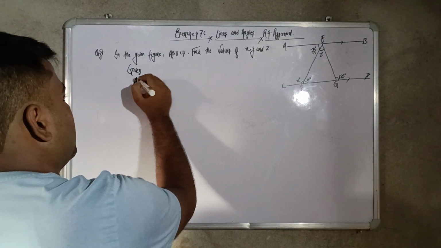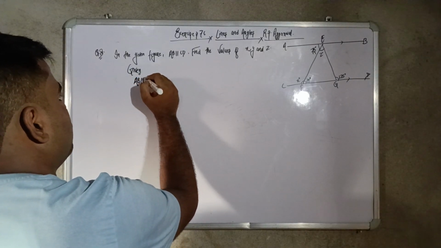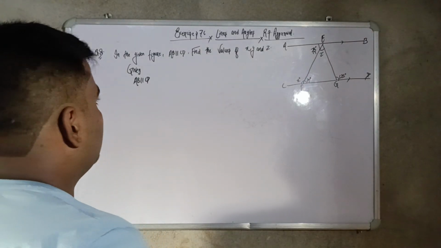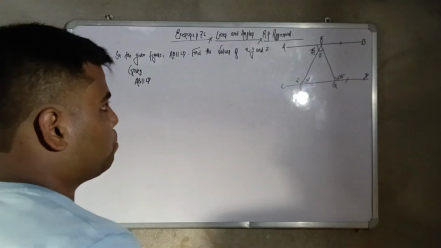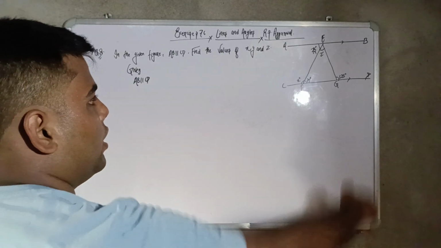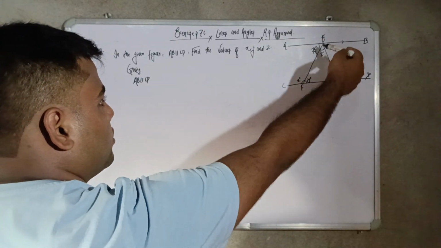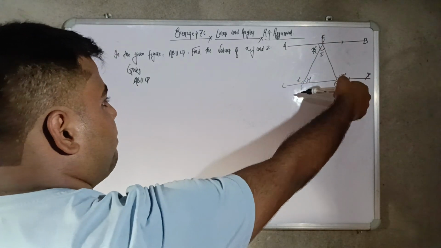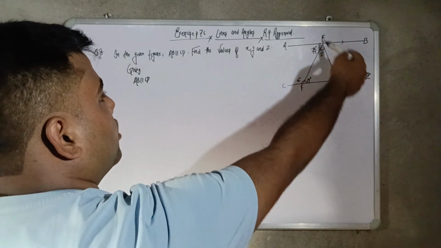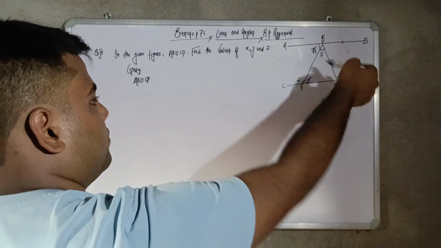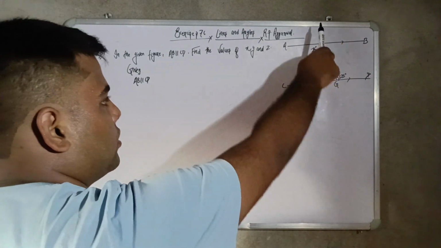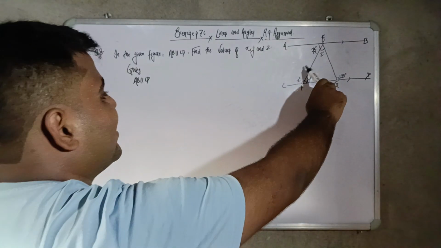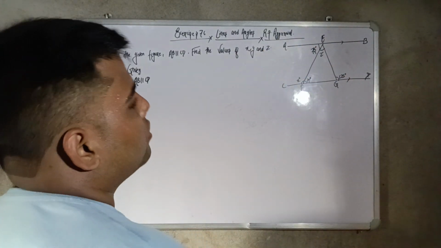AB parallel to CD. First of all, we know that if AB is parallel to CD, then two transversal lines are formed. One is EF and another is EG. These two lines are parallel to each other, and these other two lines are transversal lines.